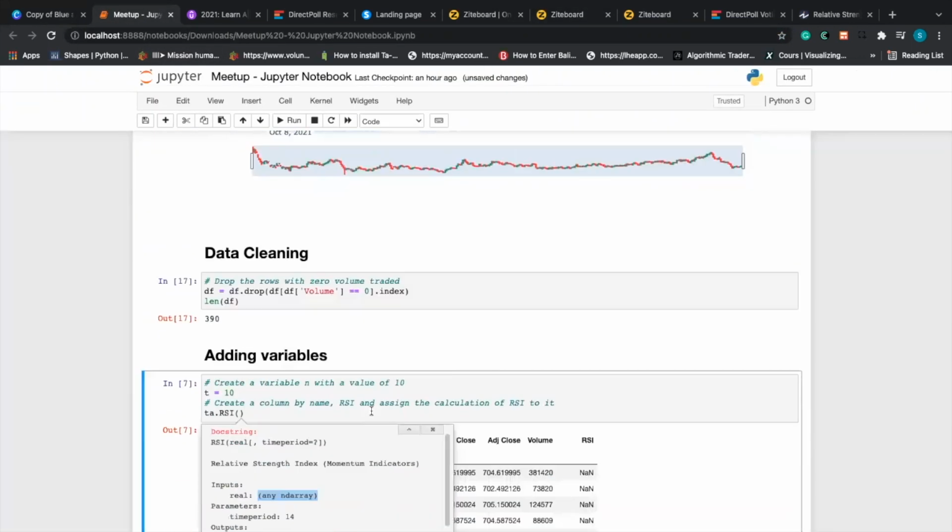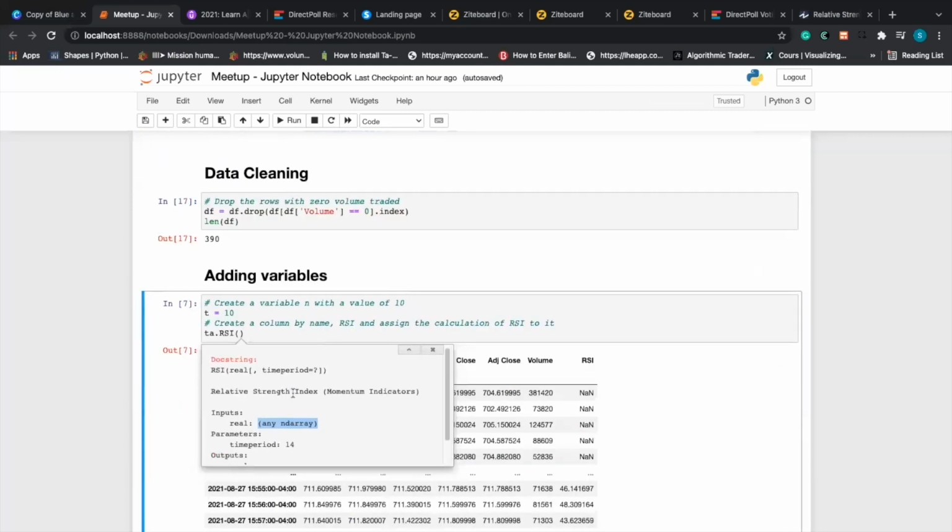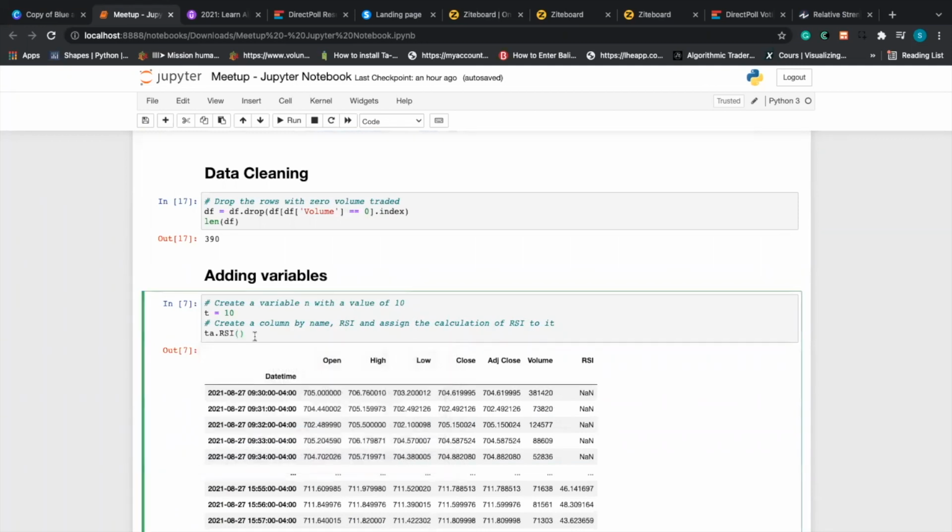And if you look at the specification, Talib wants the closing price within an array. That means we need to convert the closing price into an array. That's why we're going to use numpy.array to convert it, and between parentheses we're going to type tf close.